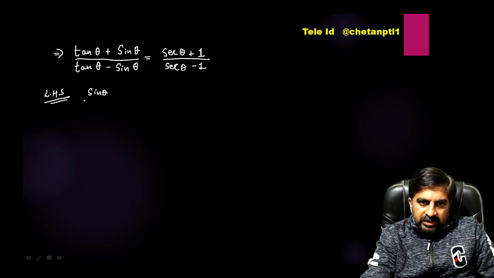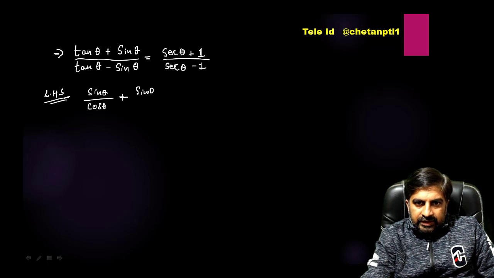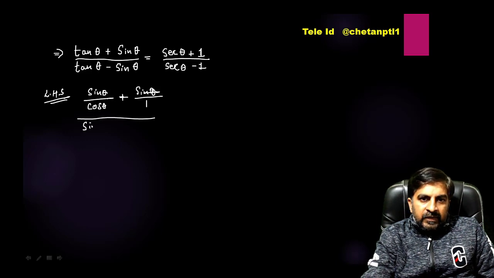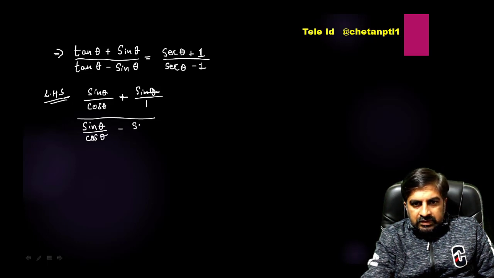Tan means sin theta by cos theta plus, in the numerator it is plus sin theta. I can write 1 in the denominator if I want to, but if you don't want to, that will also work. Now here also tan means sin theta by cos theta minus sin theta by 1.